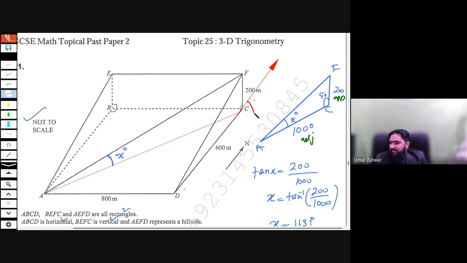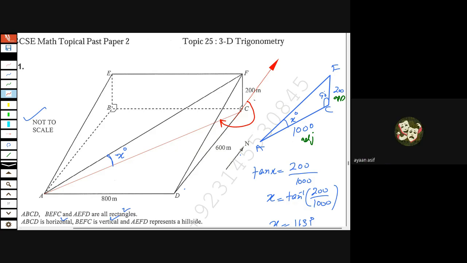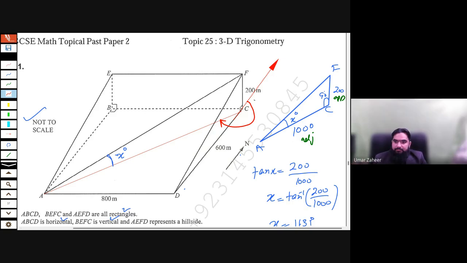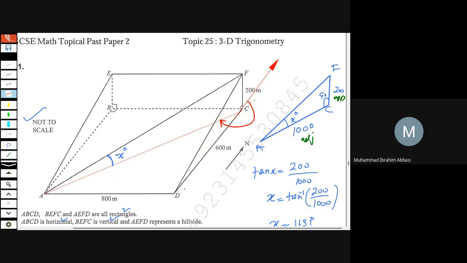Yes, can anyone tell me how we can find this angle? Yes, Ayan, how can we find this angle? So we can use 90 degrees in X. Yes, it is 90 degrees.